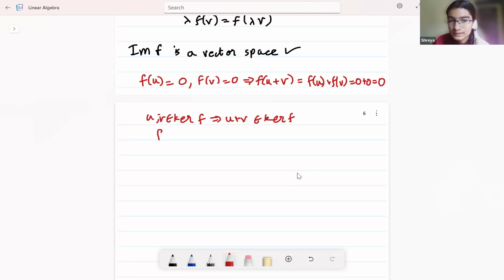And similarly, you can prove that if v belongs to the kernel, then we need to prove that lambda v belongs to it. For that, we just need to say that f of lambda v is equal to lambda times f of v.